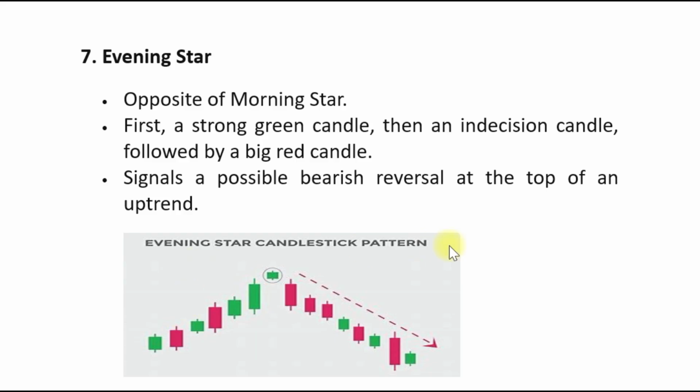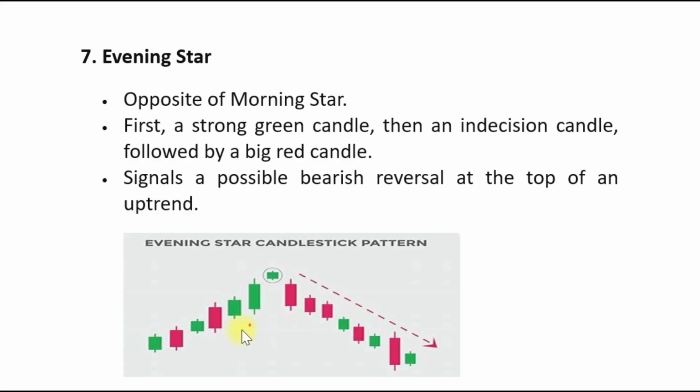The conditions for an evening star to be satisfied are: first, the market should be in an uptrend. The last candle must be green. The next candle has all prices above the previous candle. Then the next candle will open with a gap down.